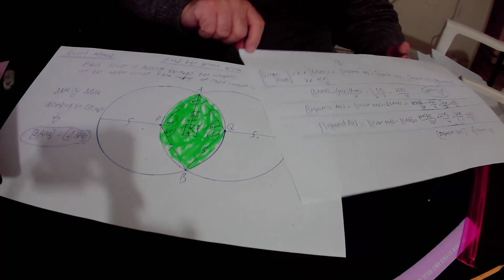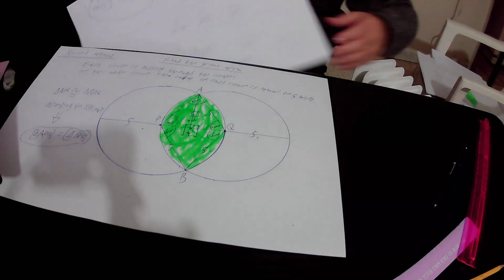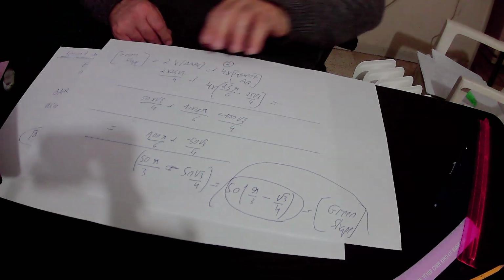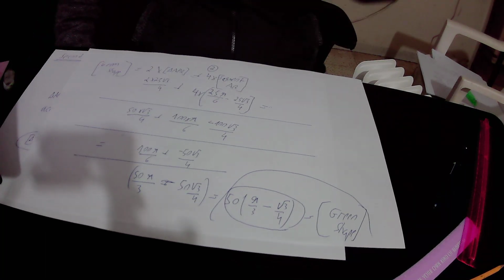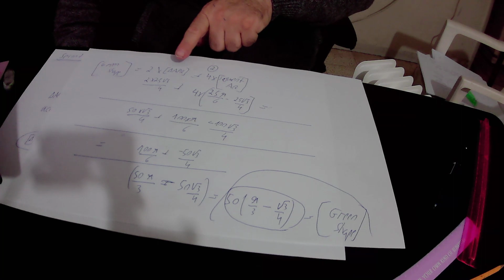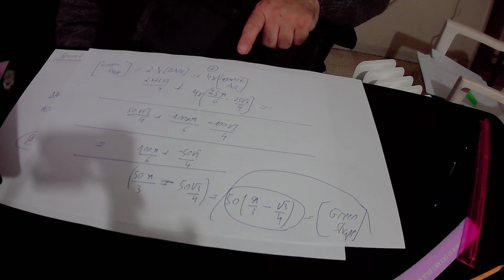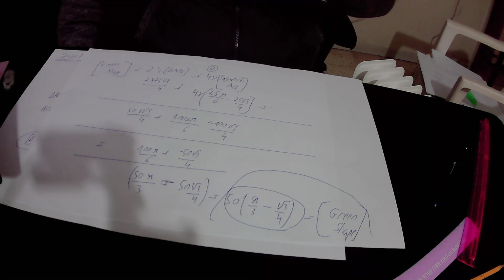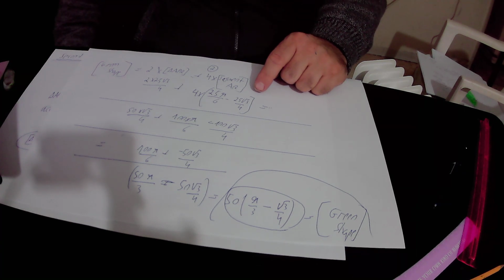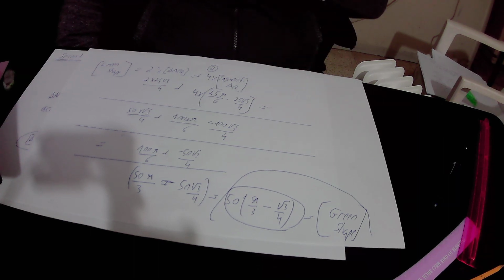Okay, so we actually found out that the area of the green shape equals 2 times the area of triangle APQ, that is 2 times 25 times square root of 3 over 4, plus 4 times the area of segment AQ. And we have already found out that the area of segment AQ equals 25 pi over 6 minus 25 square root of 3 over 4.